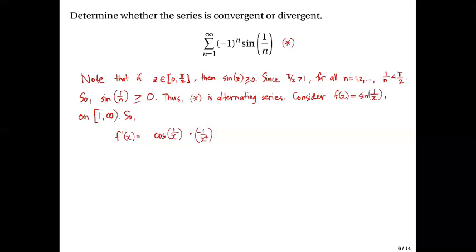But notice, just like in this explanation, your cosine of 1 over x is greater than or equal to 0 on this interval. But you have negative of 1 over x squared. So this is less than 0 on the interval 1 to plus infinity.